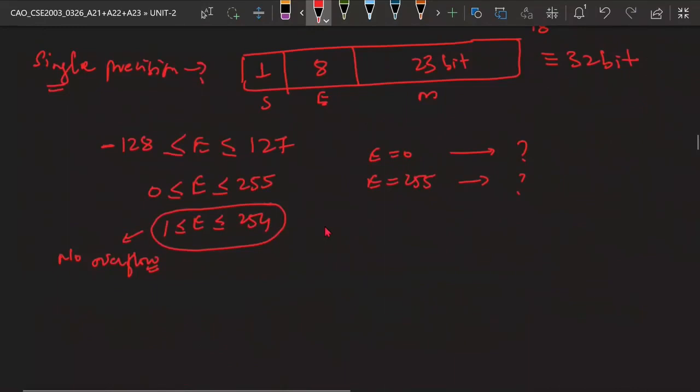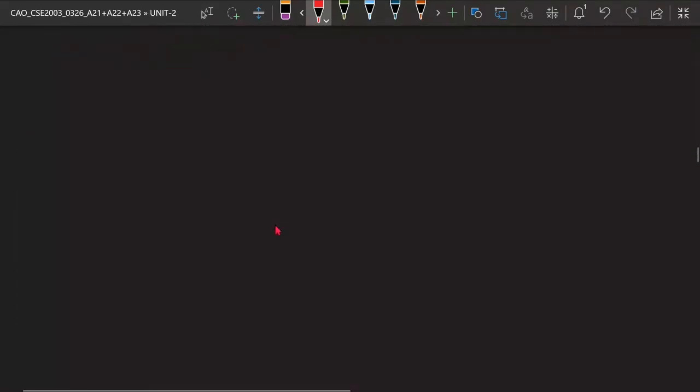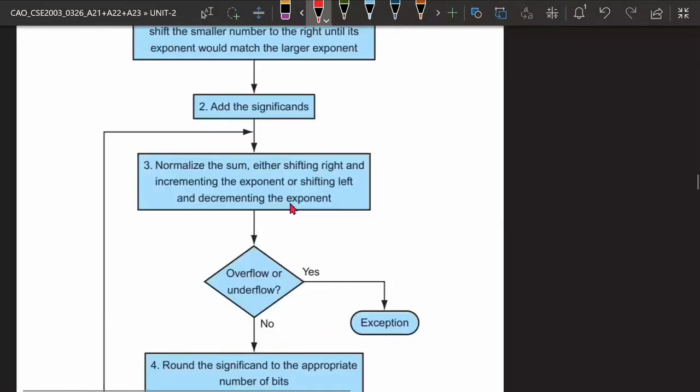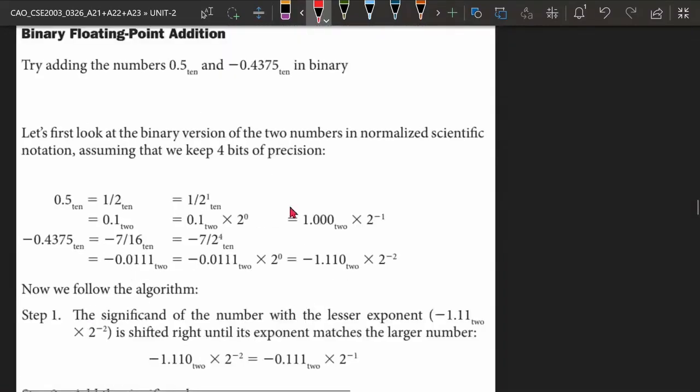So this is how we can do basic addition, subtraction or multiplication in floating point representations. We will also see some more questions, and after that we will come to our tutorial part.